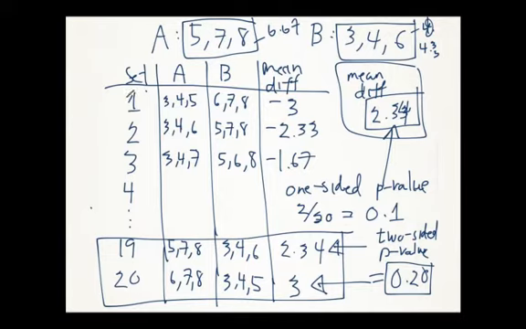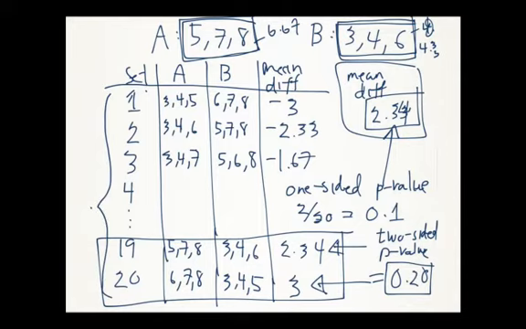It was simple in this case, where we only had 6 numbers, 6 data points. We just said, hey, we know that in our actual data set 5, 7, and 8 belong to group A, and 3, 4, and 6 belong to group B. But if we mix those around and mixed which groups they belong to, we can mix them in 20 different ways, which is what we listed here.